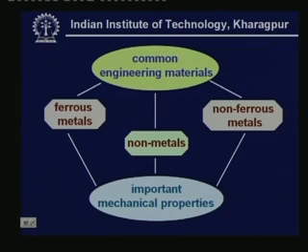The most common use is ferrous materials, as you understand. Also non-ferrous metals and non-metals are quite used in design of machine elements. For all three types of materials, namely ferrous metals, non-ferrous metals and non-metals, one of the important things is the mechanical properties. As I told you in the earlier slide, the first thing is the mechanical property. Whichever material you choose, one has to look for that.